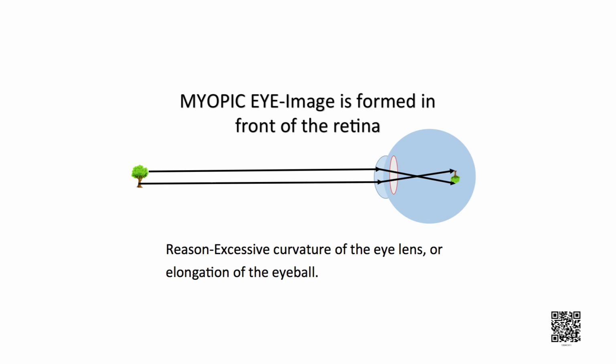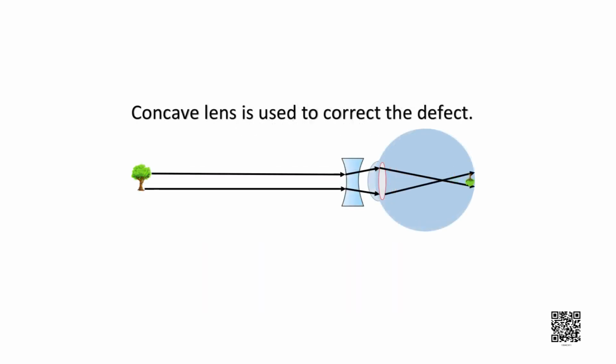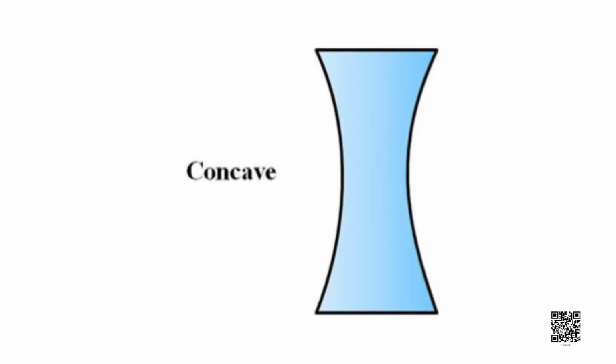In a myopic eye, the image of the distant object is formed in front of the retina and not at the retina itself. Please remember that this defect may arise due to excessive curvature of the eye lens or elongation of the eyeball. This defect is corrected easily by using a concave lens, which is a diverging lens of suitable power, as it will bring the image back onto the retina, and thus the defect is corrected.